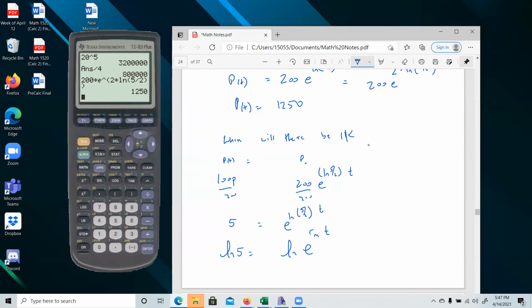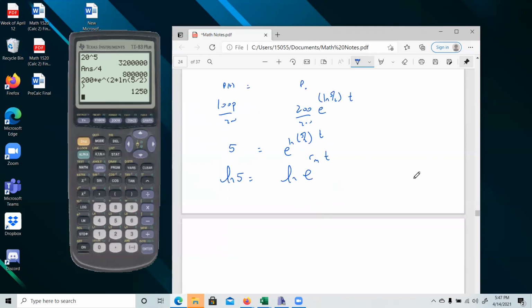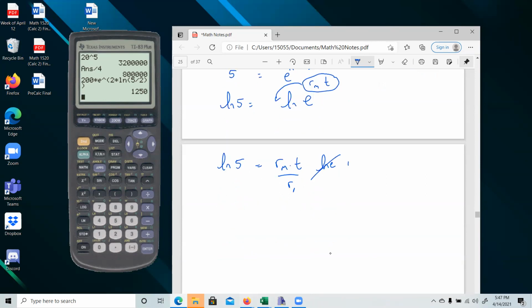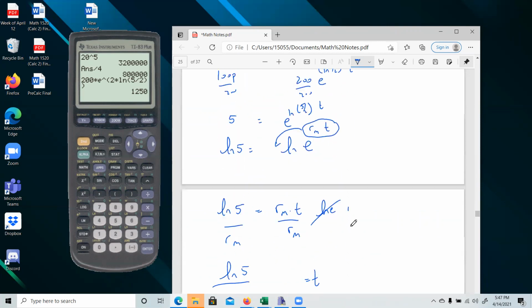Otherwise, this gets confusing. We're going to pull this stuff down in front. So we have natural log of 5 is equal to r sub m times t, natural log of e, which is 1. And now we're just going to divide by my rate for mosquitoes. So time is equal to ln 5 over, what did we say? That's ln of 5/2.